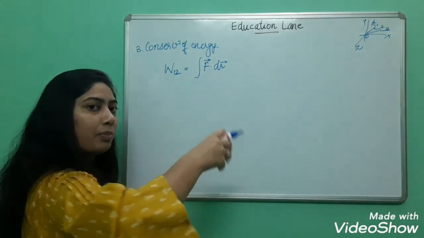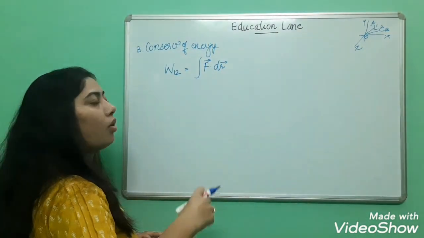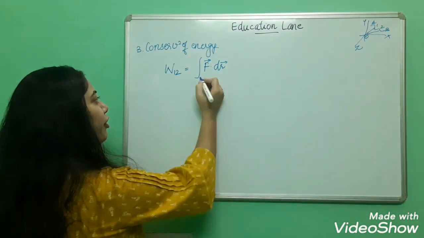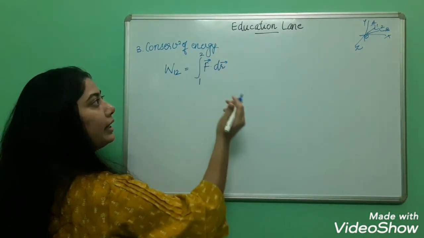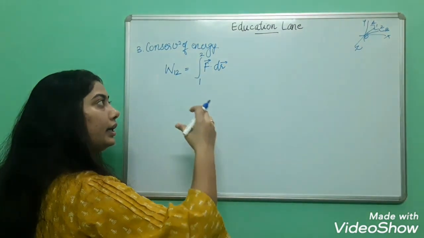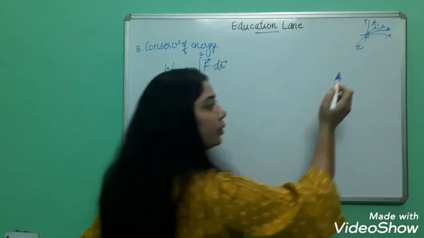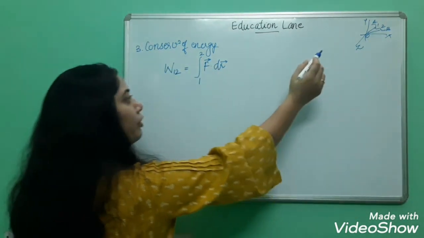I will sum up all these forces acting on the particle for such small distances from point 1 to 2, and I'll get the work done in carrying an object from point 1 to 2.